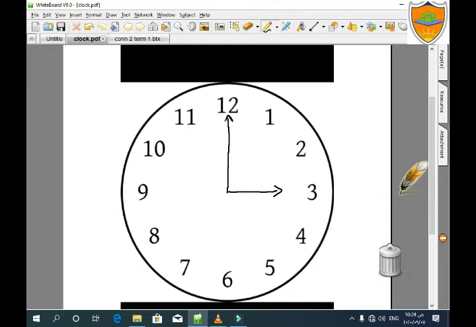The small hand, we call it the hour hand. And the big or long hand, we call it the minute hand. So let's have some examples.